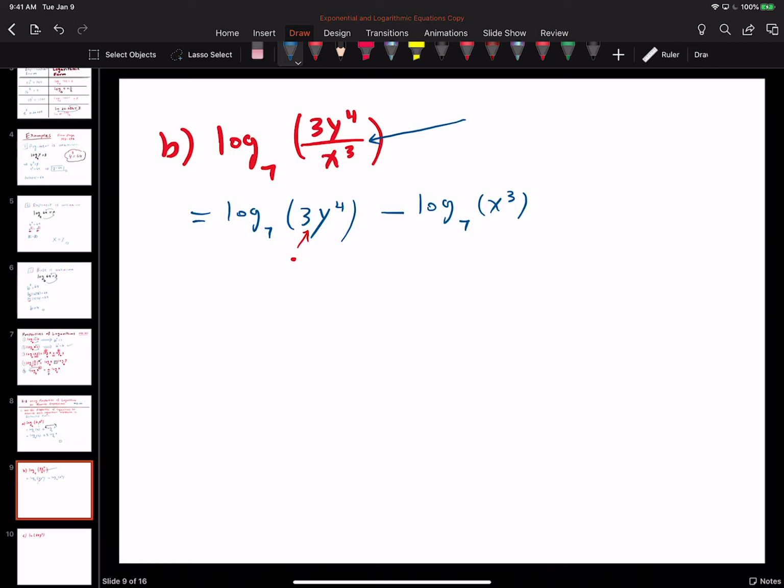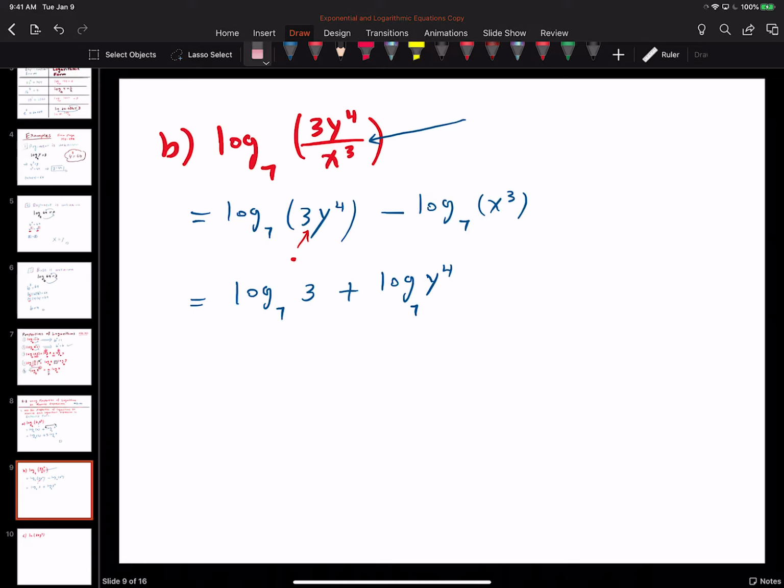We're going to apply the product rule, which is rule number 3. So this is log base 7 of 3. Product changes to addition. Log y to the 4 of base 7. Same base. We keep the same base.